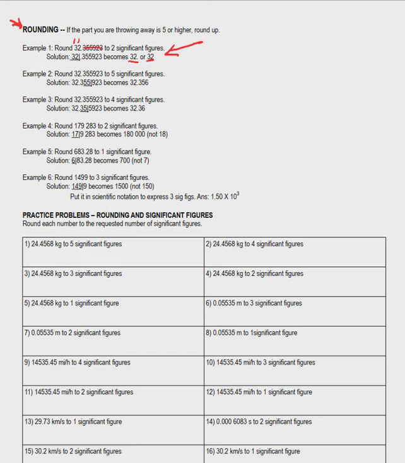Now this is a weird one as well. We're going to do number 5. So we're going to round 683.28 to one significant figure. We start counting from the first non-zero digit on the left.